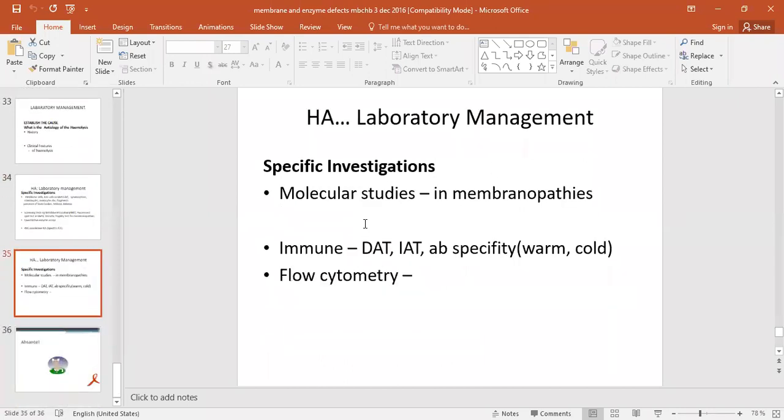Last but not least, under specific investigations, you can also do molecular studies and look at the damage in terms of the chromosomes that are affected, and then you can do flow cytometry, and you can do an immune panel to exclude other causes of hemolysis.